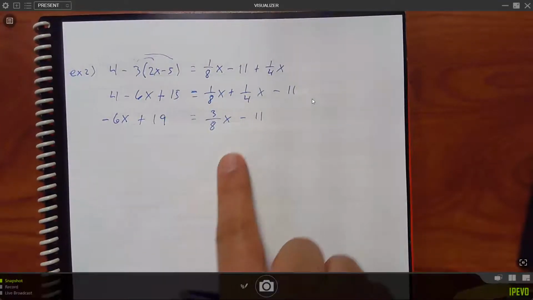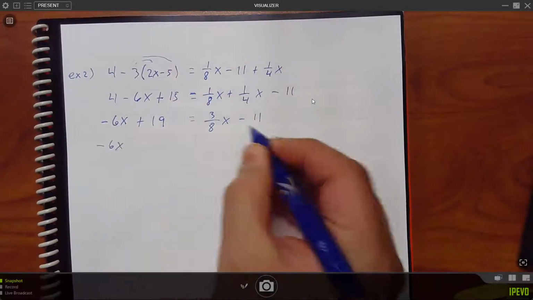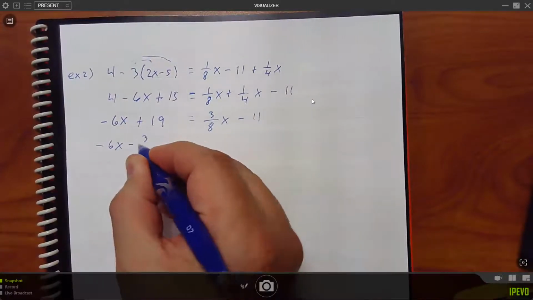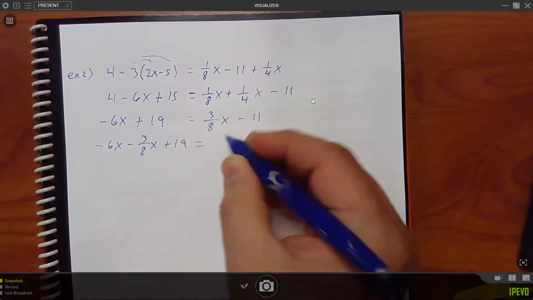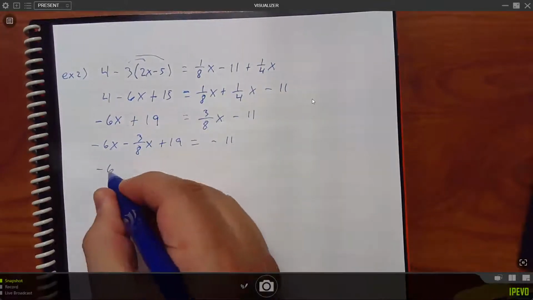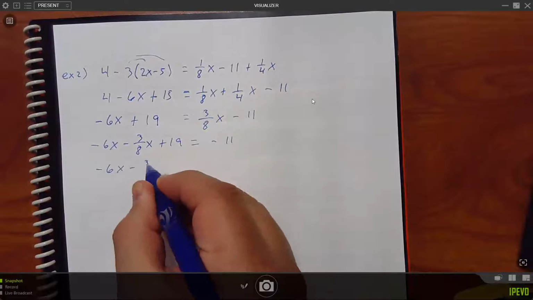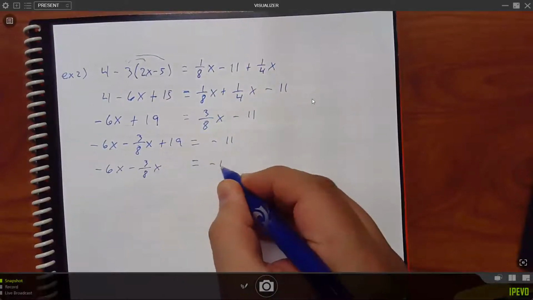So I'm just gonna do it in 2 steps. So I move the fraction to -3/8. Then I'm gonna move the 19. In 2 steps. Is that okay?